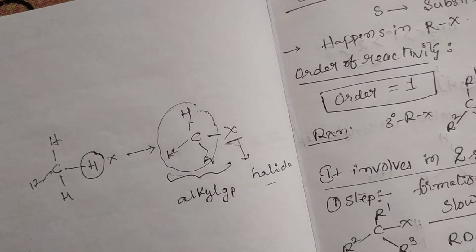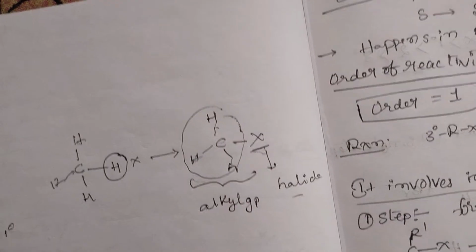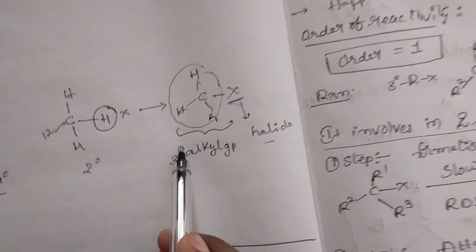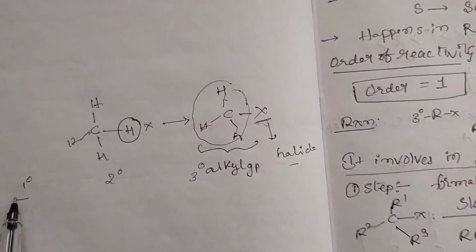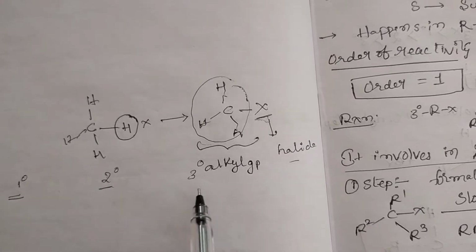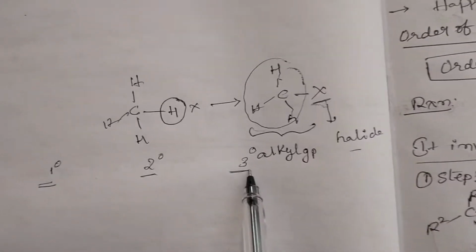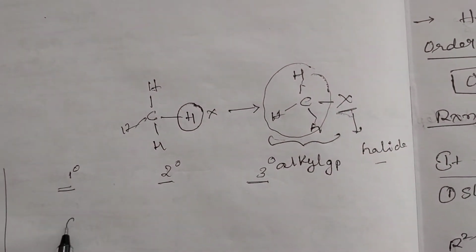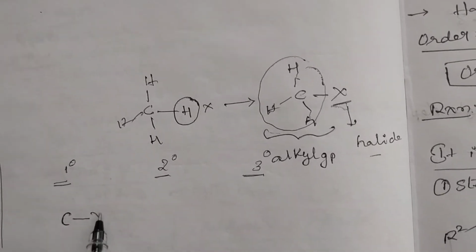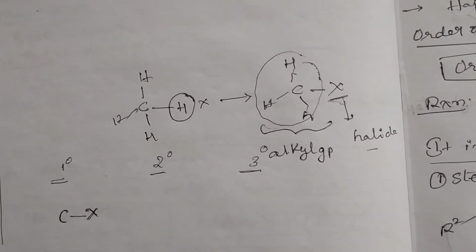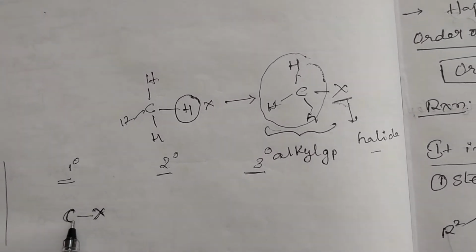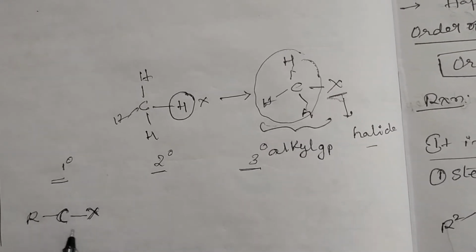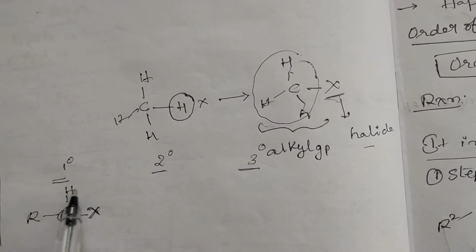Alkyl halides are classified into three types: primary alkyl halide, secondary alkyl halide and tertiary alkyl halide. We have to know about each of them. First, the primary alkyl halide. Simple. Suppose there is a halogenated carbon, a carbon attached to a halogen, which is bonded to one alkyl or no alkyls.